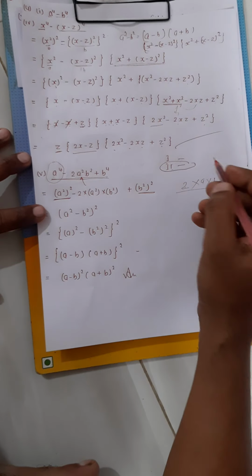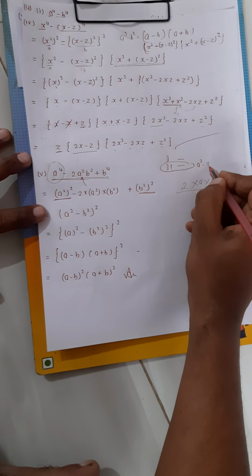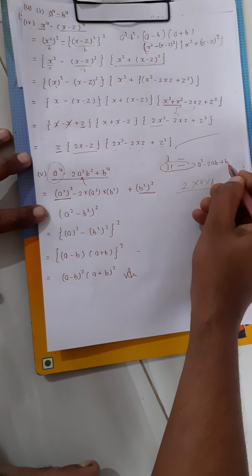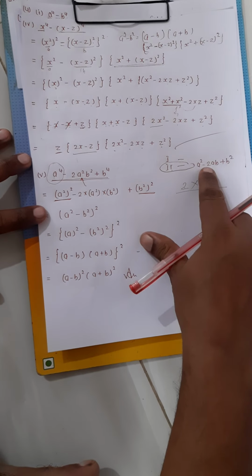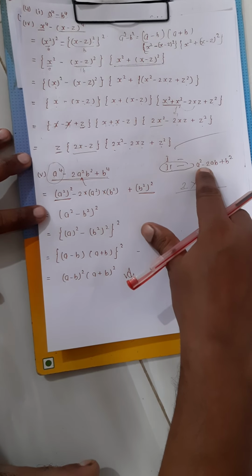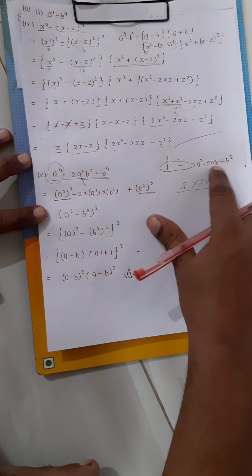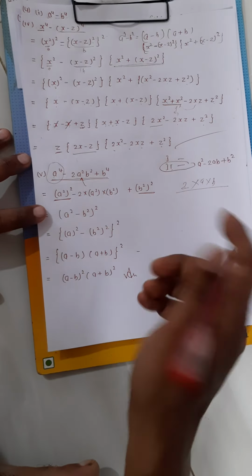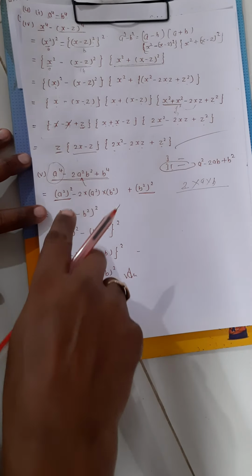In identity number second we know that the minus sign comes with the 2ab. Now what will be our value?